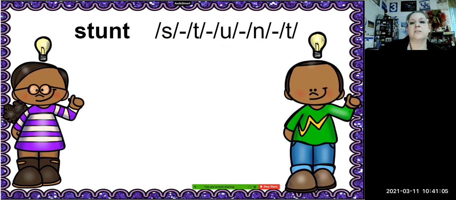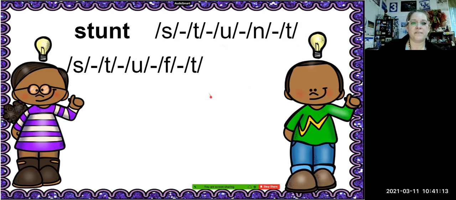So we're going to focus on the nt in this word. We're going to replace the n at the beginning of that blend with f, so now we have uft, uft. What's the new word going to be? It's going to be stuffed.